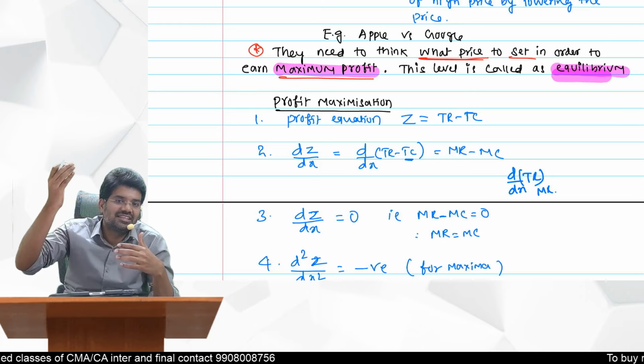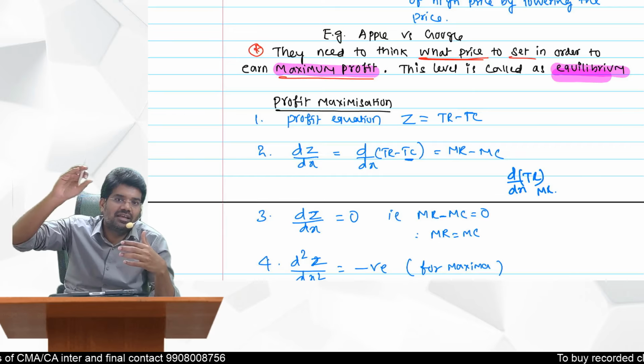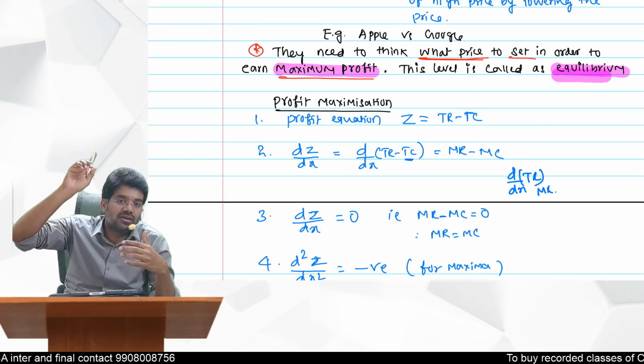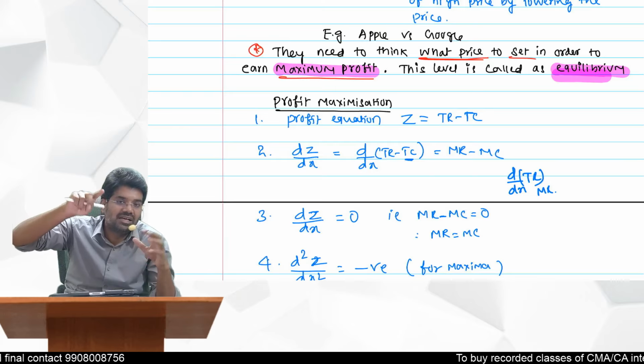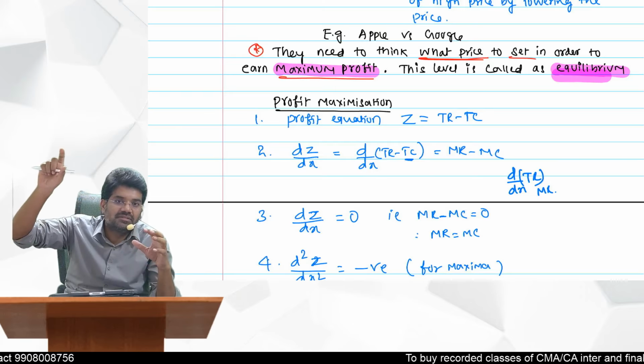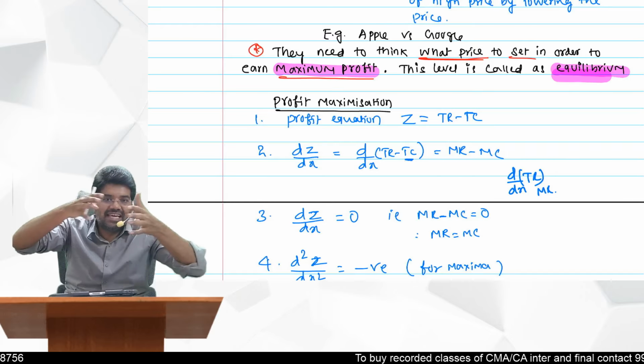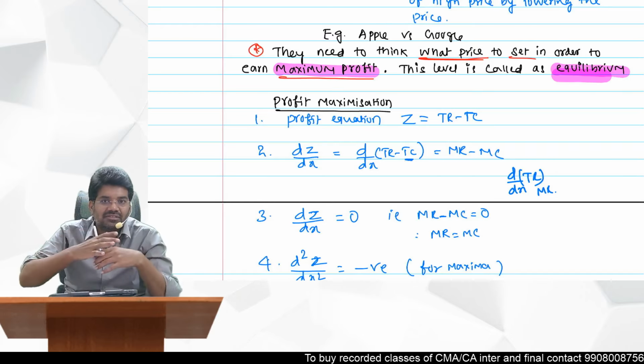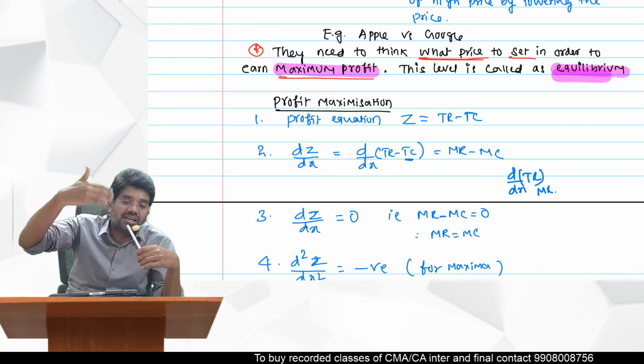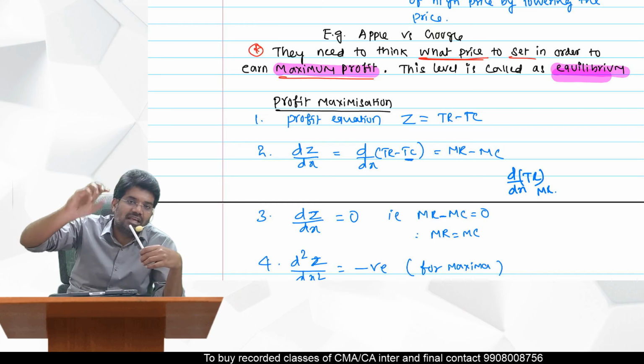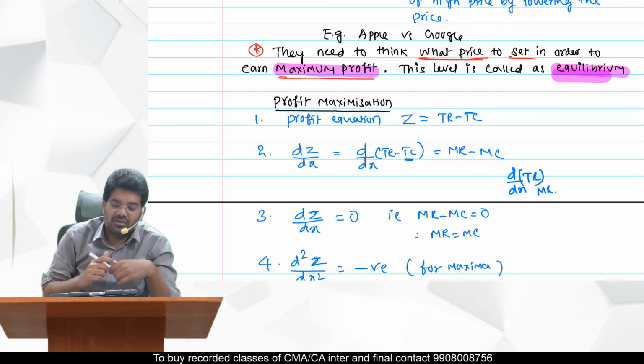I already told you when I explained the concept, with two variables, how we can form the equation. A two-variable change is only your first derivative. So d by dx of total cost is marginal cost.